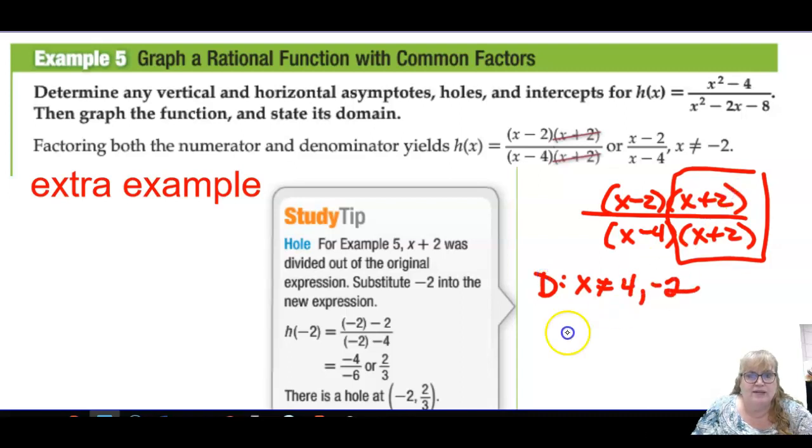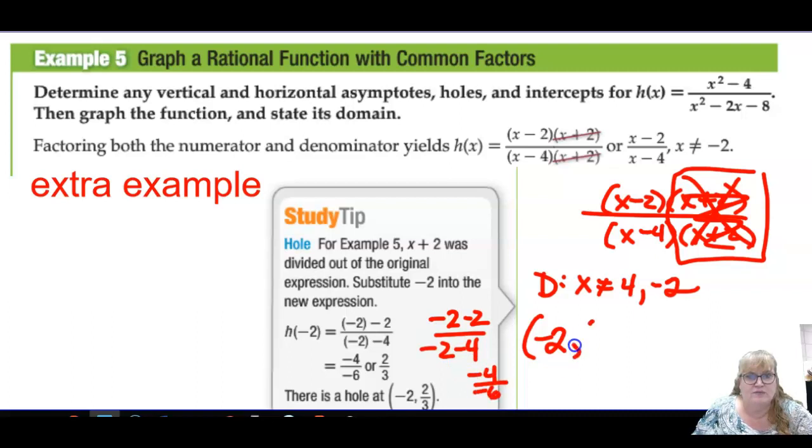Then you'd go ahead and say there's a hole at -2. And to find the rest of the hole, I cancel that out and I plug a -2 back in. -2 minus 2 over -2 minus 4 would be -4 over -6, or positive 2/3. That's how you find the hole. You plug it back into the reduced fraction.